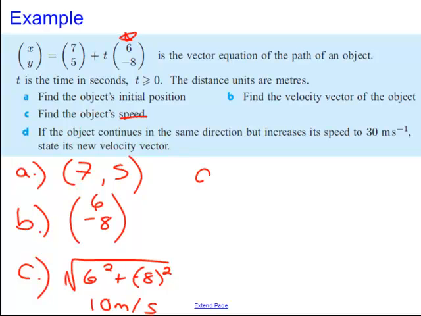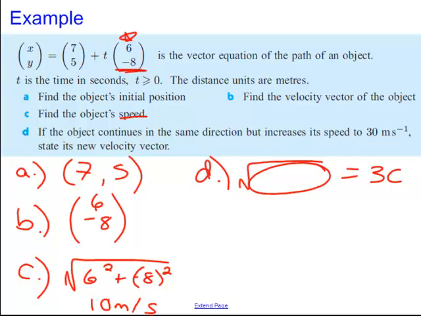And then part D, if that object continues in the same direction, so the direction stays the same, but it's increasing its speed. The direction initially was 6, -8. It's going faster, so the square root of this has to equal 30.